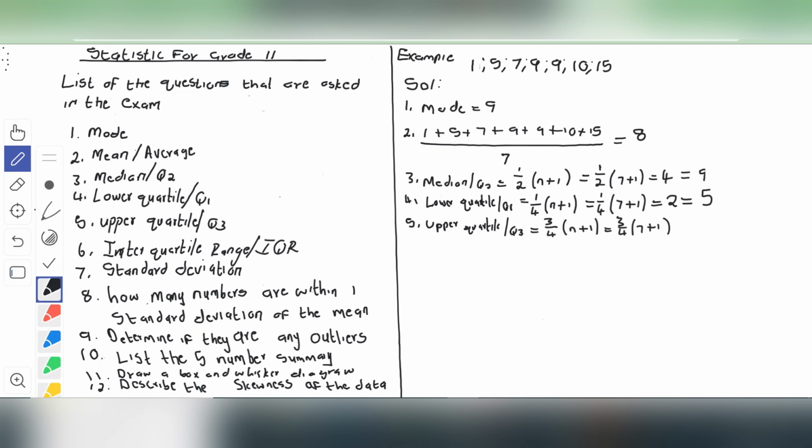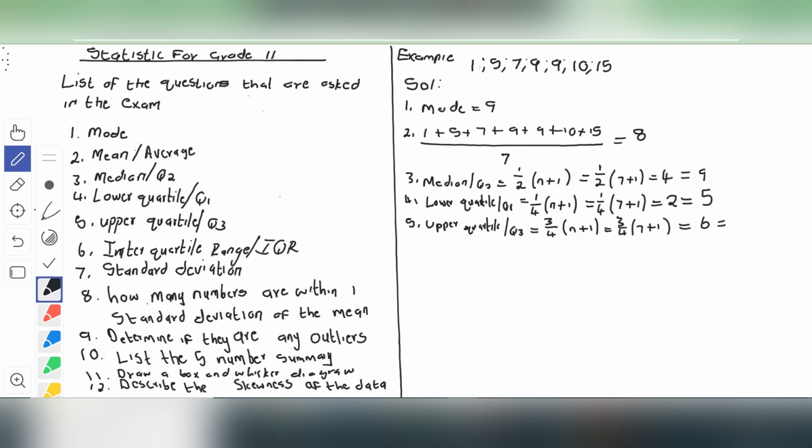We know n is the total number of the data set, and the answer is going to be 6, right? So remember, we are not done. This formula is the navigator, it helps us to know where the upper quartile is. This 6 is the position of our upper quartile, which is Q3.